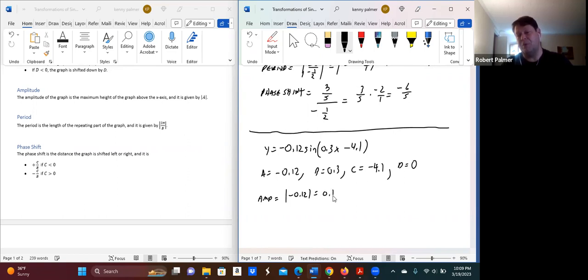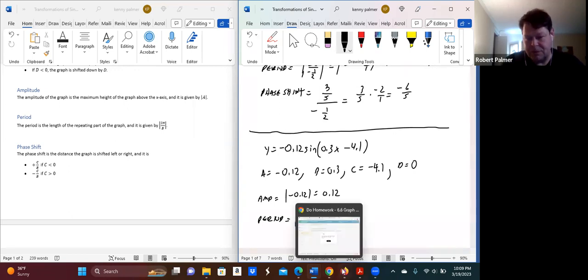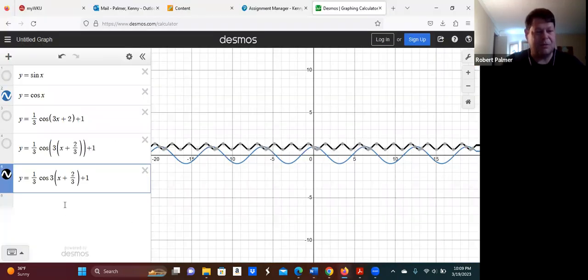And once again, that compresses it. Regular amplitude, period. Okay, since this number is less than 1, between 0 and 1, it's 2 pi over that, 0.3. So it's actually going to be a larger period again than 2 pi. Absolute value of that. This time, let's just use a calculator. Since this involves a pi, you can also use Desmos as a calculator.